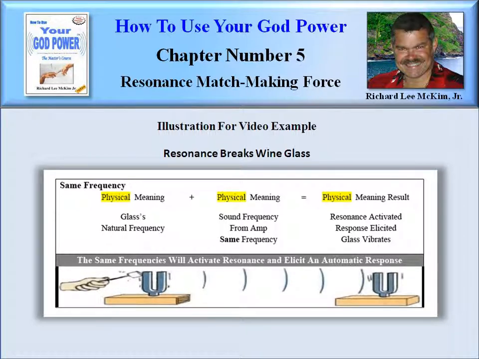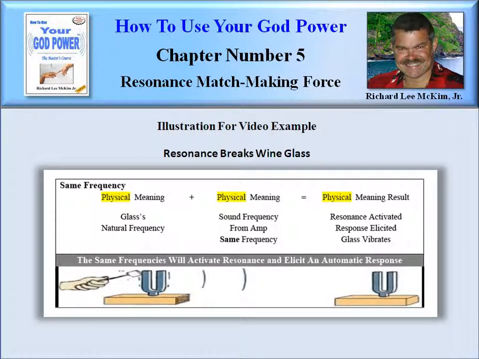Here it says the same frequencies will activate resonance and elicit an automatic response. Once again, you see the guy striking the gray tuning fork. It's creating a sound. Let's say that's the sound from the amplifier. Now that frequency, let's say this other tuning fork represents the glass.